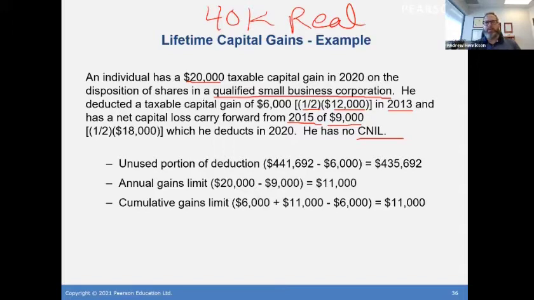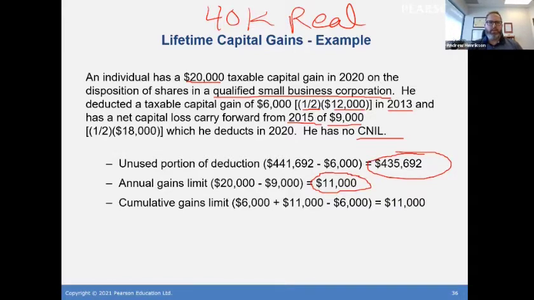Meaning, most simply put, we already reduced this 20 grand by 9 with what we had in our back pocket coming into the year. So there's only 11 left. So the 435 is the lifetime pot we have. The 11 is how much gain we're even talking about in the year to reduce.